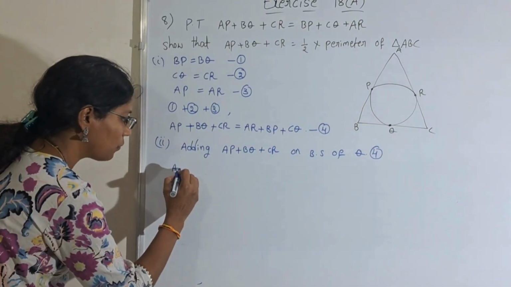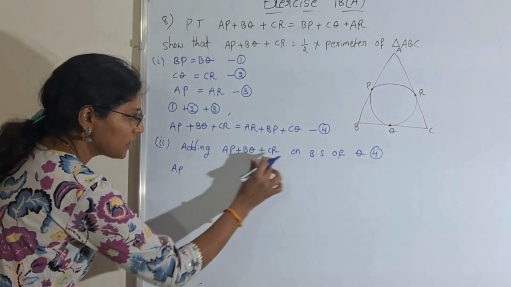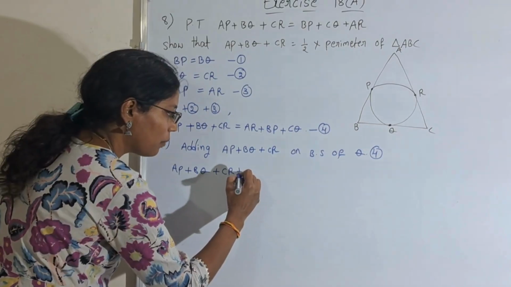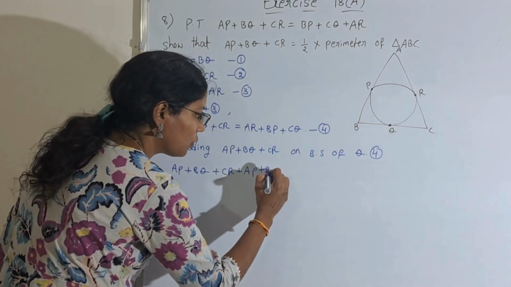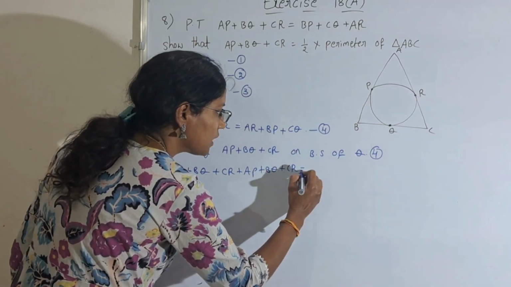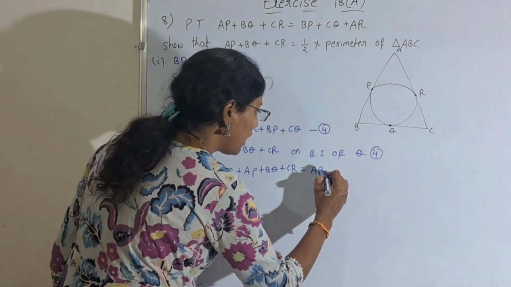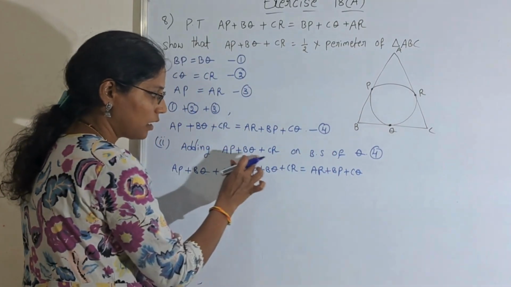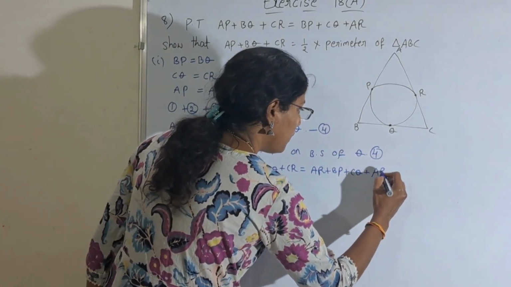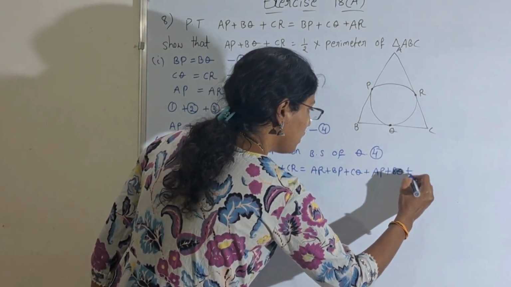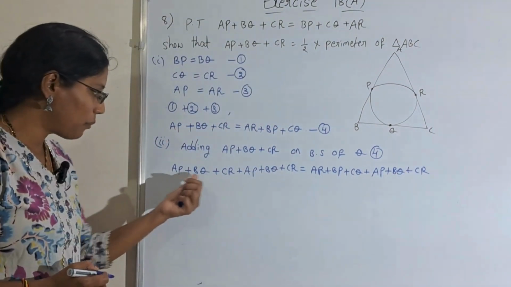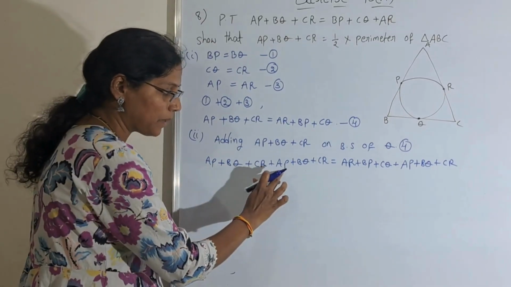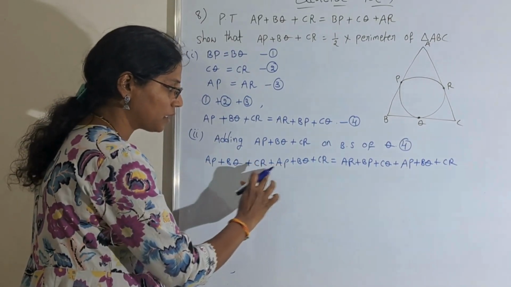Equation 4, both sides you should add this: AP plus BQ plus CR plus AP plus BQ plus CR is equal to RHS AR plus BP plus CQ, already equation 4, remaining AP plus BQ plus CR. Here AP 2 times, BQ 2 times, CR 2 times.